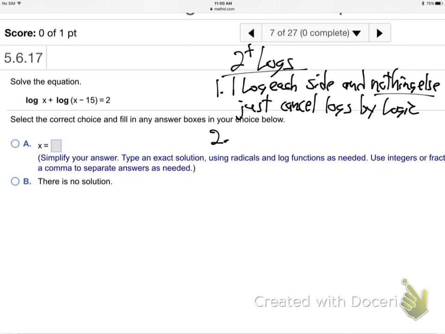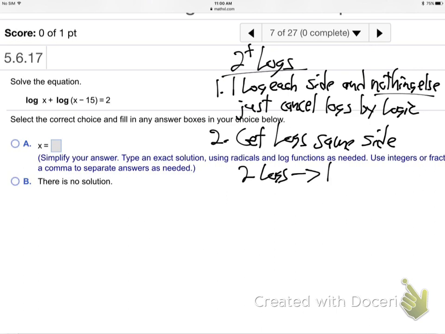We talked about that. But otherwise, get the logs on the same side, and 2 logs become 1 log by those special properties we spent time on.